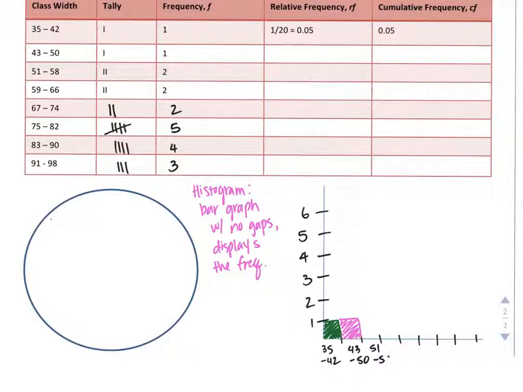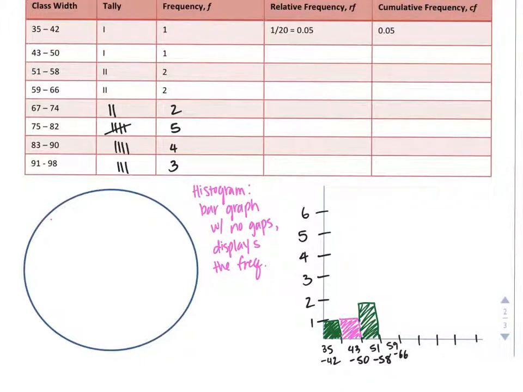So the next interval is between 51 to 58, and that is up to 2 for the frequency. Do that a little better. And then the next one here is from 59 to 66.